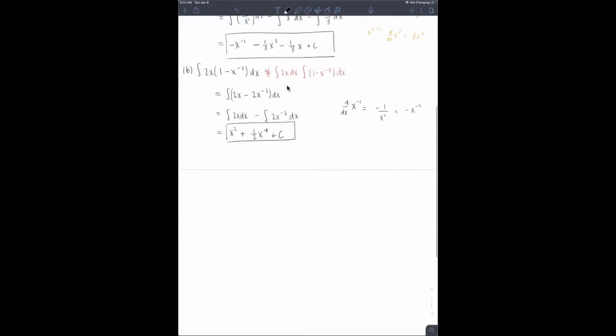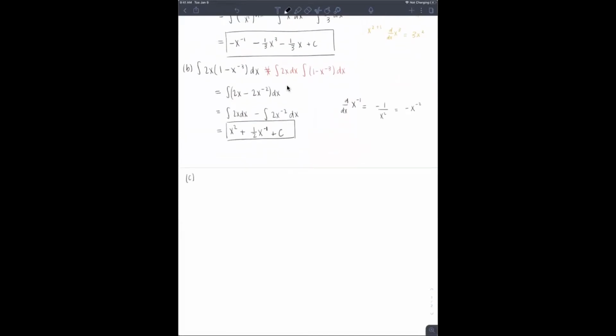So then, oops, part C, let's look at the integral of 4 plus the square root of t all over t cubed dt. So again, I can't take this and split it across that division, right?